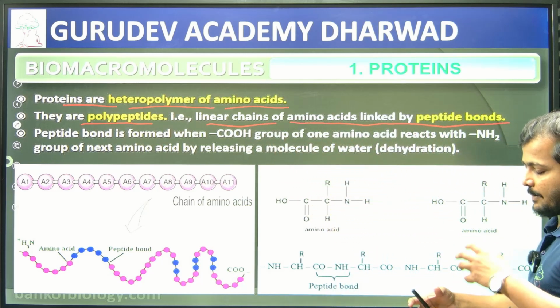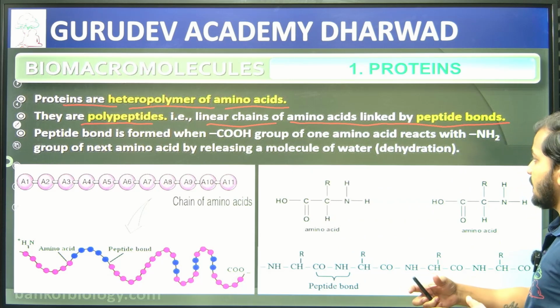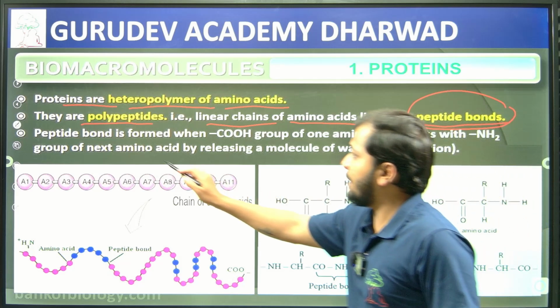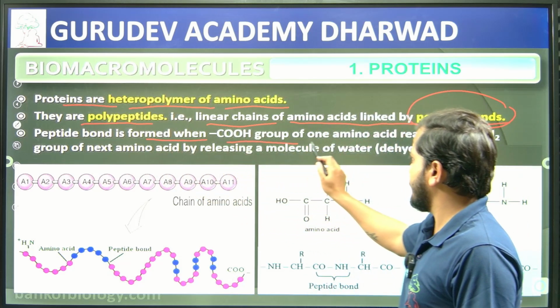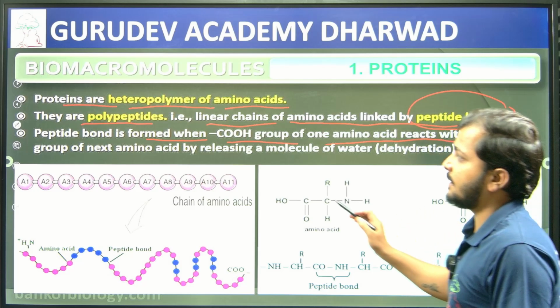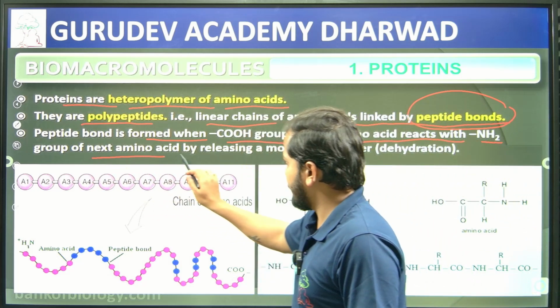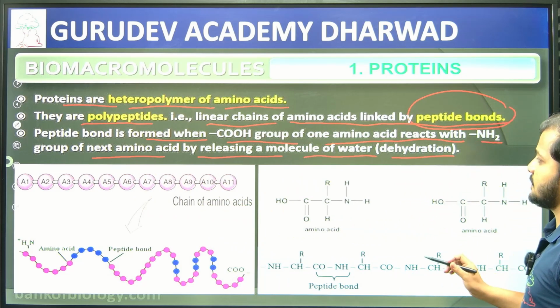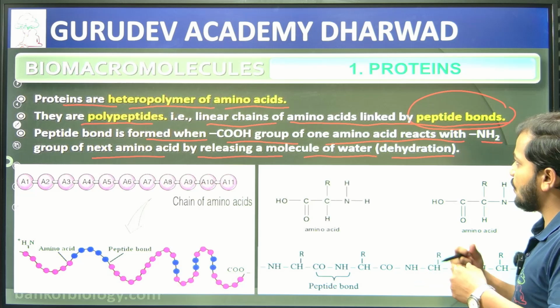So one amino acid attaches to another amino acid by a peptide bond, right? The peptide bond is formed when the carboxylic group of one amino acid reacts with the amino group of the next amino acid by releasing a molecule of water.